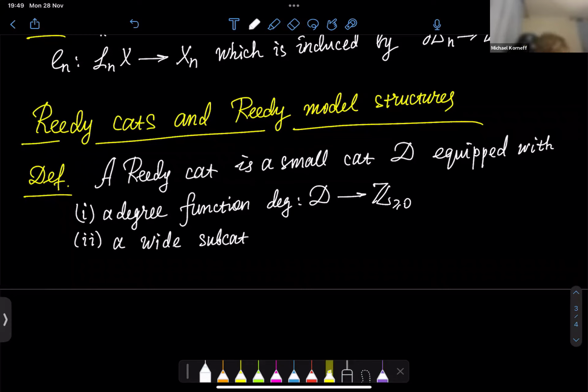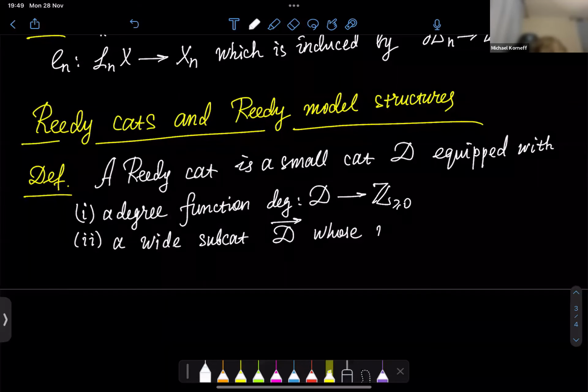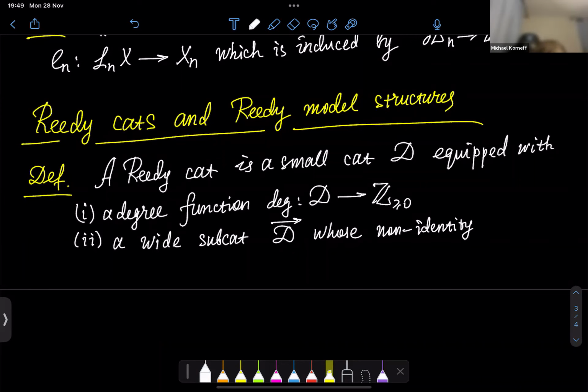A wide subcategory D with the arrow whose non-identity morphisms strictly raise degree.